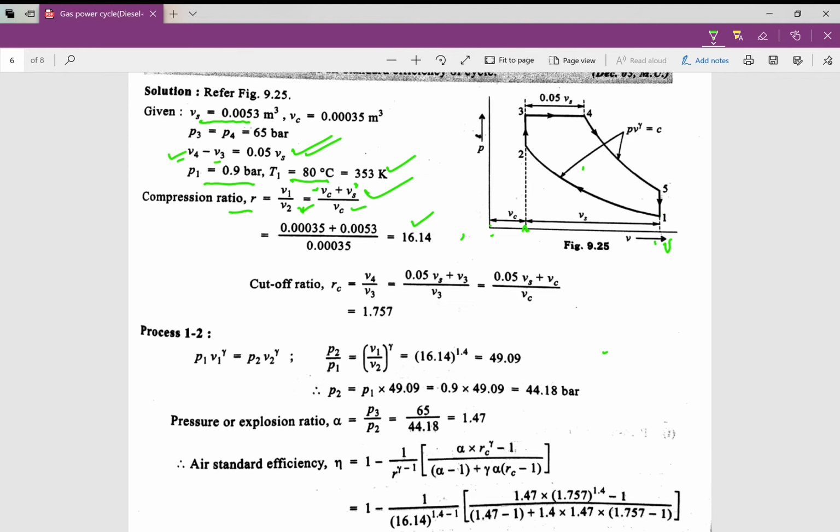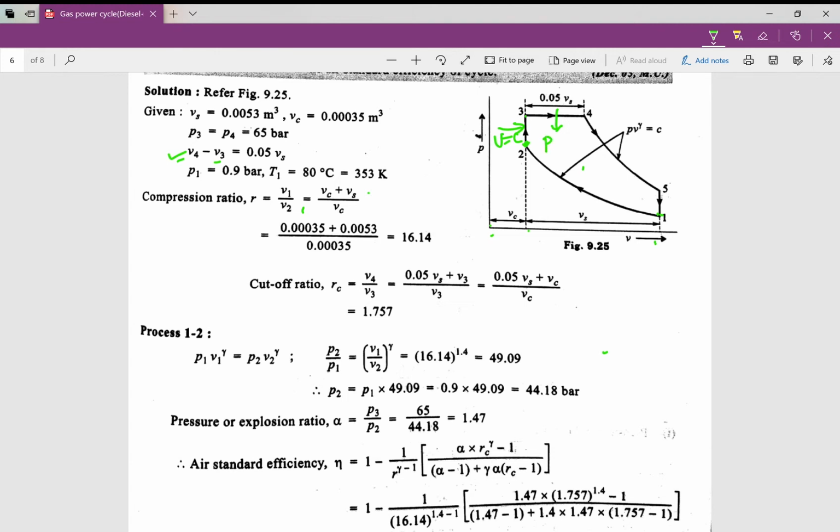Now, dear students, cutoff ratio. The word cutoff is nothing but cutoff of your supply of diesel. As you know, process 1 to 2 is the compression process. During process 2 to 3, we supply heat at constant volume, and in process 3 to 4 we supply heat at constant pressure.